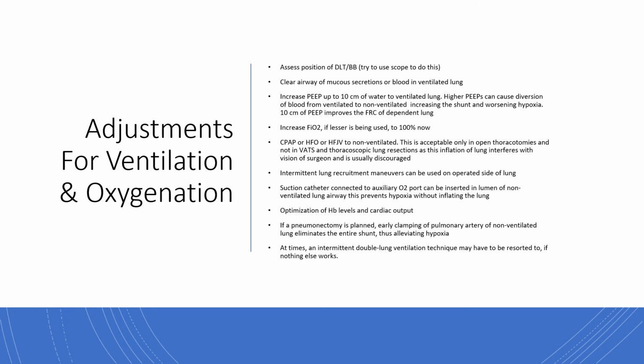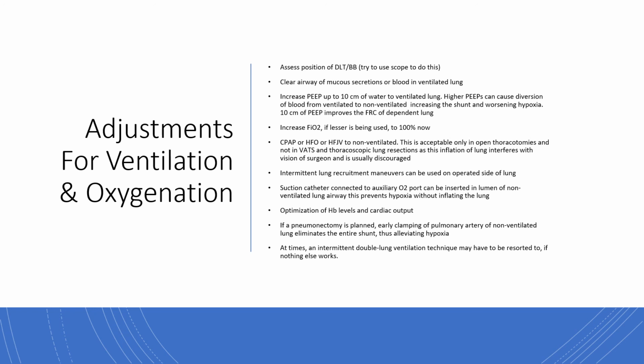A suction catheter connected to the auxiliary O2 port can be inserted in the lumen of the non-ventilated lung airway. This prevents hypoxia without inflating the lung. Also, optimization of hemoglobin levels and cardiac output.